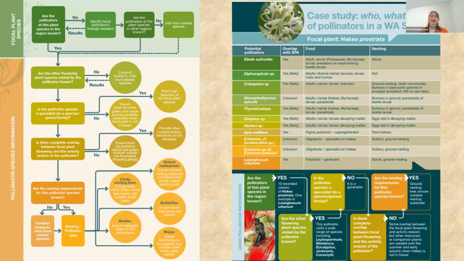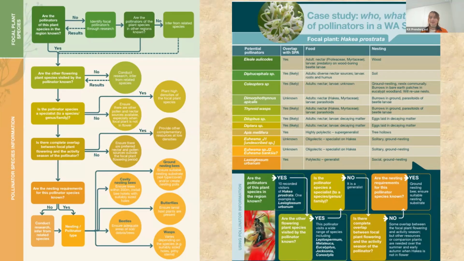I looked at whether the pollinators are known for Hakea, based on what we have. It's called the Atlas of Living Australia, and it's museum records and verified iNaturalist records and records from other citizen science apps all fed into a source, as well as some surveys that I've conducted and recorded insects on Hakea.